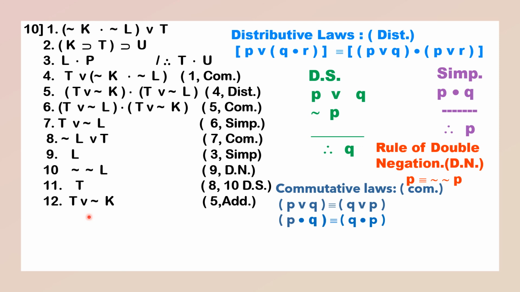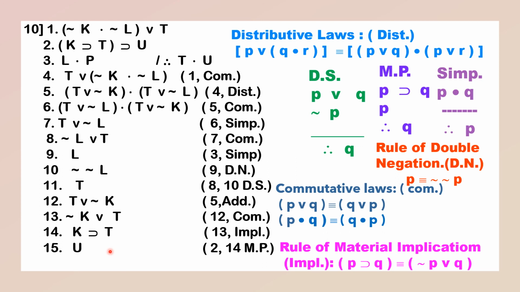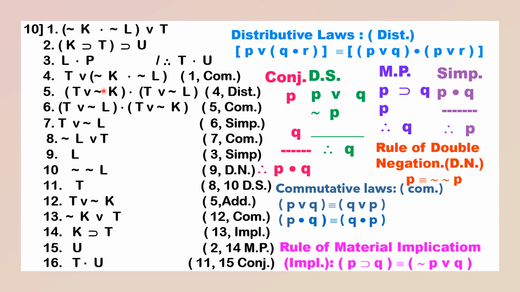And then what we'll do is commute it again and transform it into implication by implicative rule, and then apply the rule of MP, this and this, and arrive at U. Once you get U, you can join T and U by conjunction. Thus, we have arrived at the conclusion.